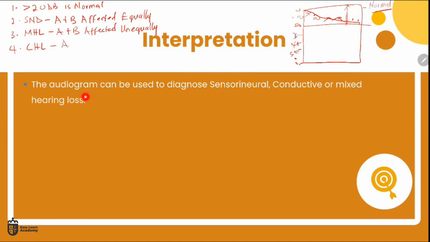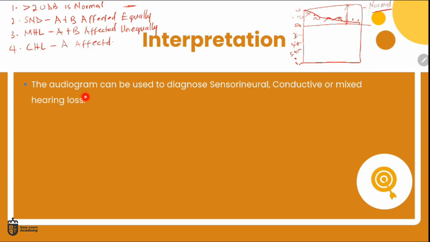So air is affected here. You don't need to worry whether equally or unequally because bone is within the normal range. So once air is affected alone, then it is a conductive hearing loss. So this is 4 out of the 6 principles.